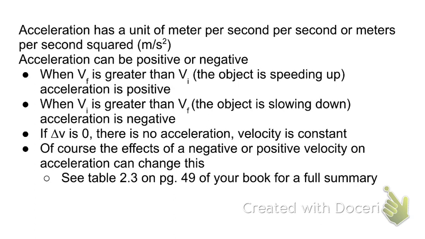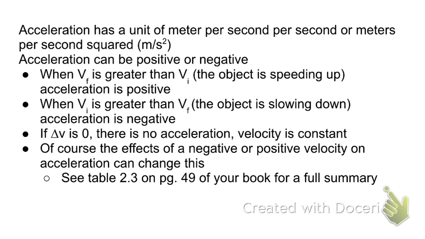If your initial velocity is greater than your final velocity, then that object is generally slowing down, which means acceleration is negative. If your change in velocity is 0, then of course no acceleration has taken place. That means your velocity was constant over that time period. There was no change in it.